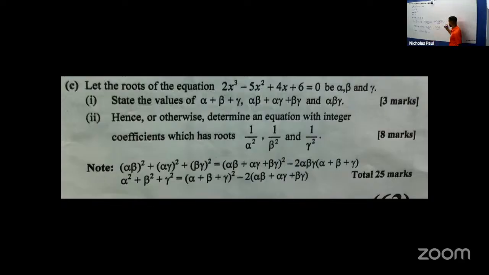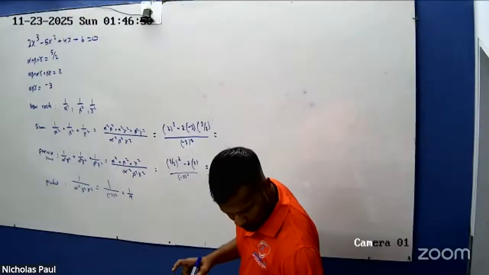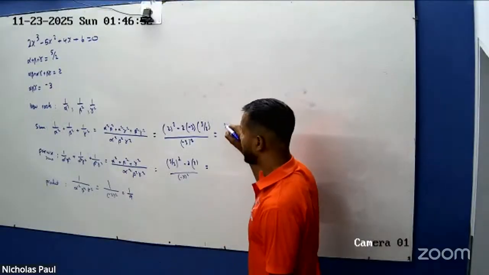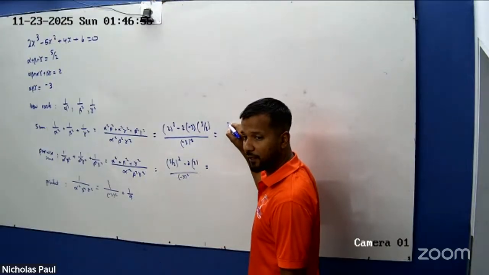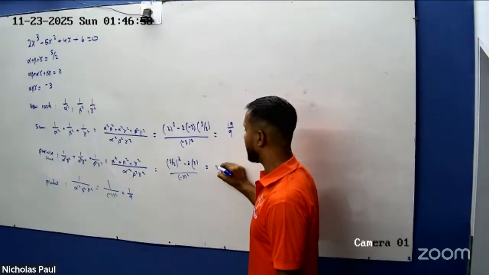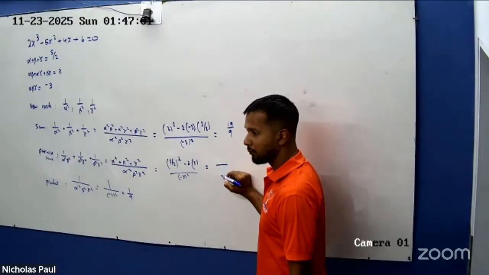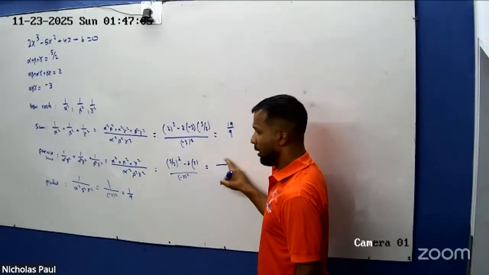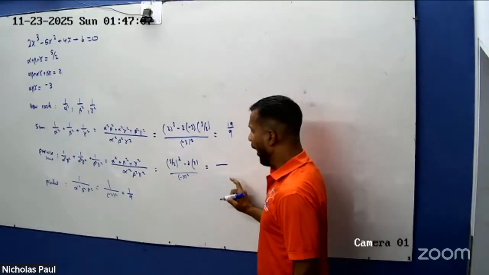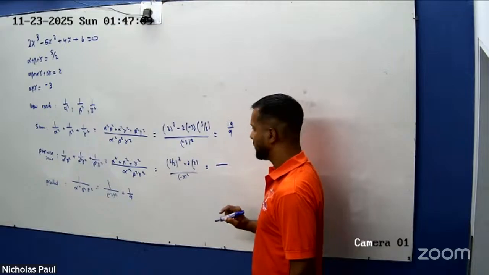How much is this? What do we got here? 1909? Yeah, 1909 here. And here's what? What's this one? One quarter?